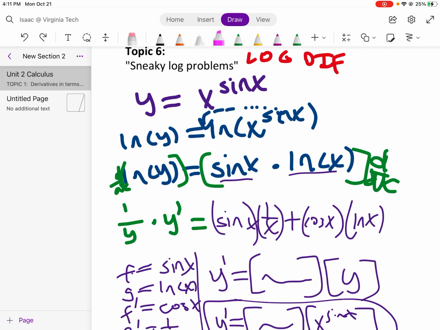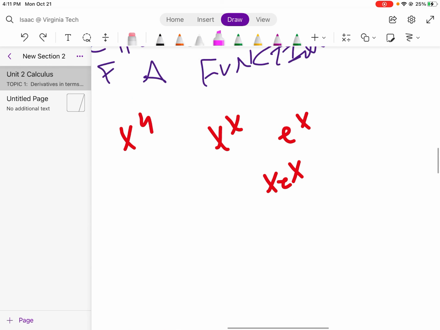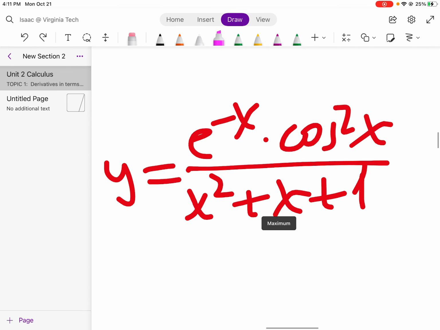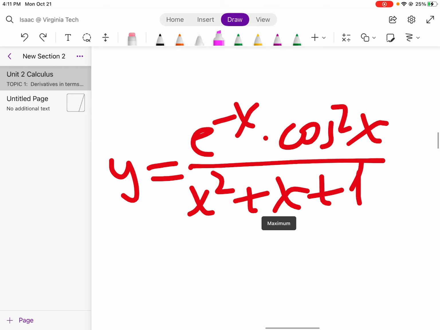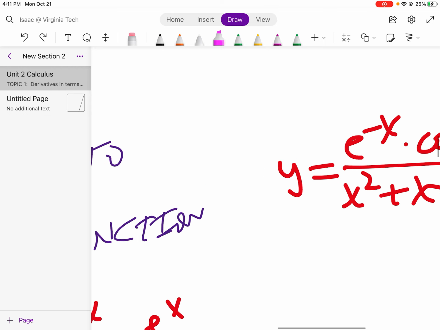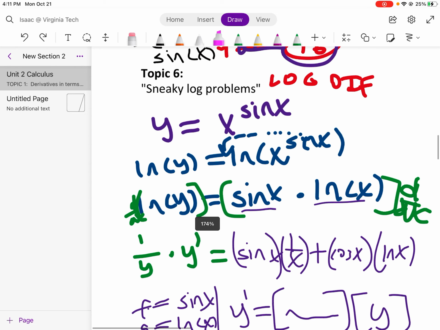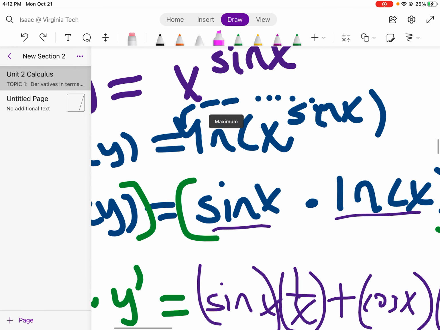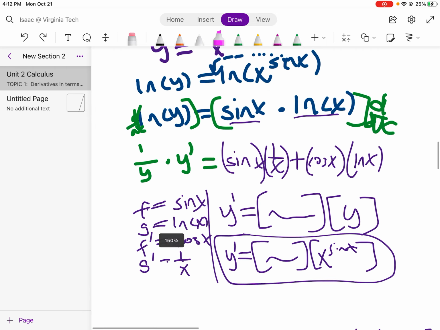Sneaky log problems, if you have a function to a function, only for that. Or something like that, where it's kind of stupid. It's optional. You could do logarithmic differentiation, but especially if it's a function to a function, you ln both sides. Remember your rules, you can make the exponent go beside it.